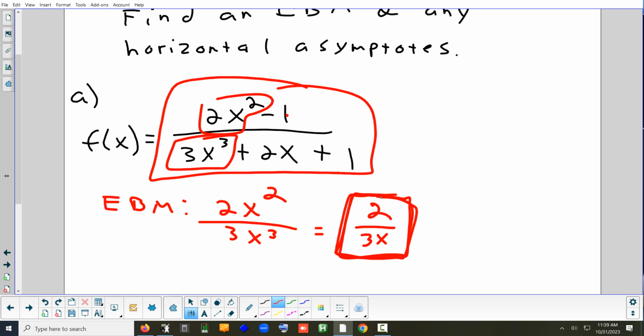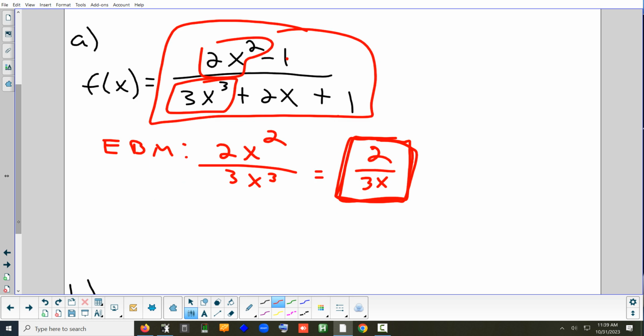Okay. Now, the horizontal asymptote. What do we let happen to x if we want to find a horizontal asymptote? We let x get bigger. How big?